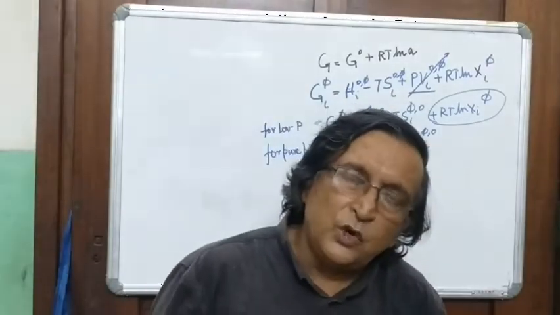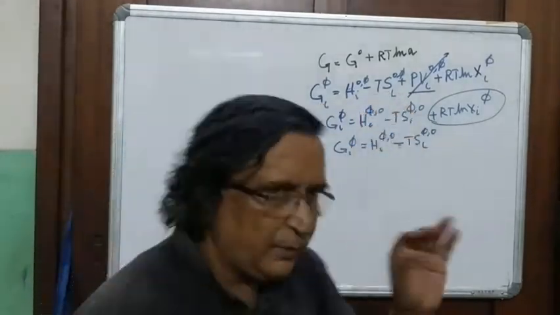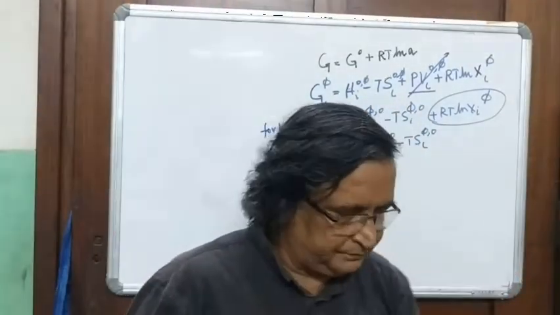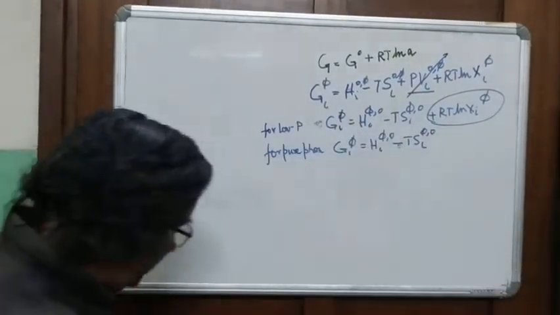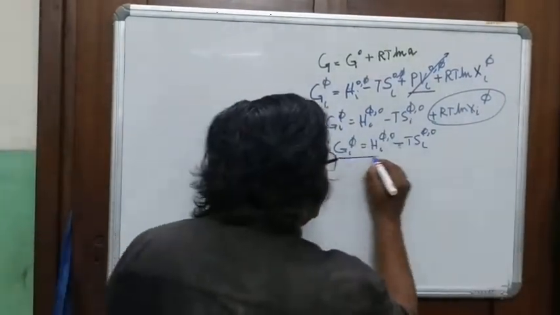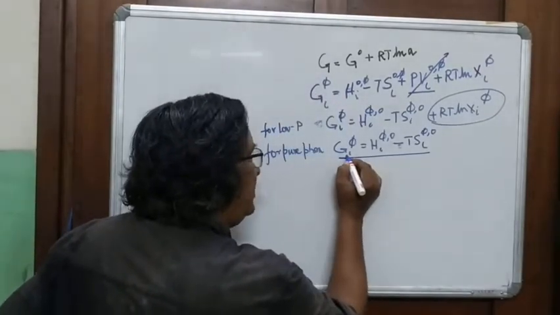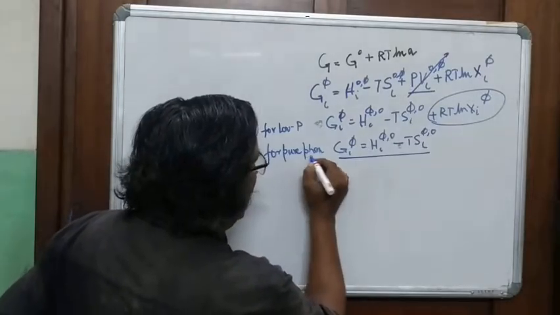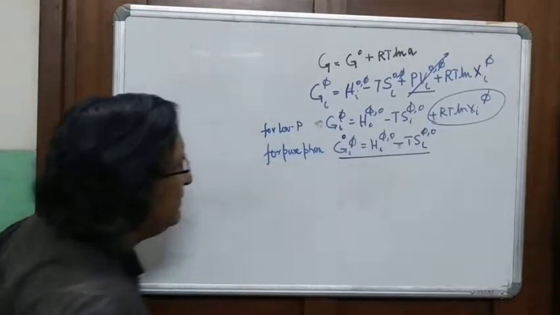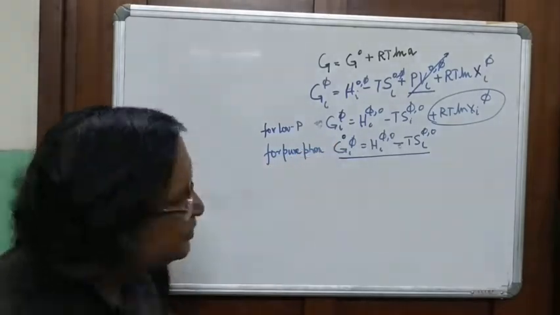I have ignored a lot of things. But as I have said, I would like to keep my equations for understanding simple. This equation is an important equation because it shows that G_i, for a pure phase, this will become 0 also, because G_i pure should be equal to G_i^phi.